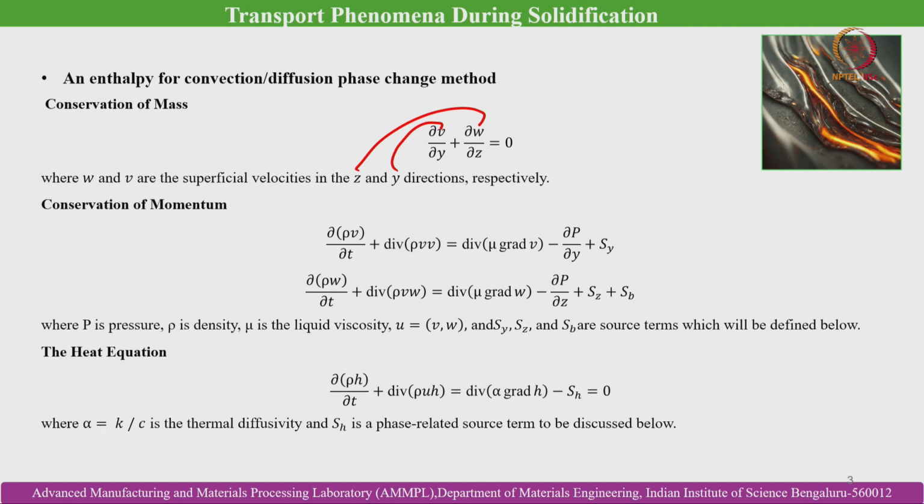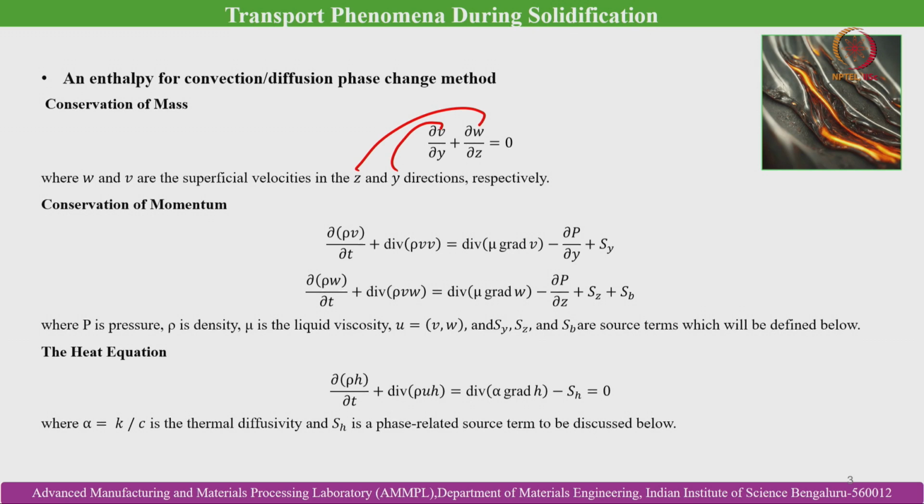The heat equation comes after momentum. This is the third conservation equation that needs to be satisfied by a fluid flow heat transfer problem, which can be expressed as del del t of rho h plus divergence of rho u h is equal to divergence of alpha grad h, where h is the heat transfer coefficient, convective heat transfer coefficient, minus sh, which is equated to 0.